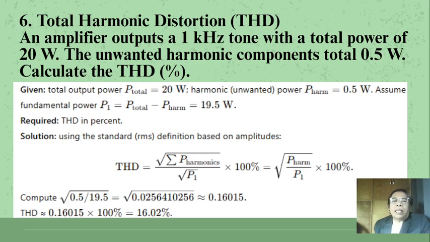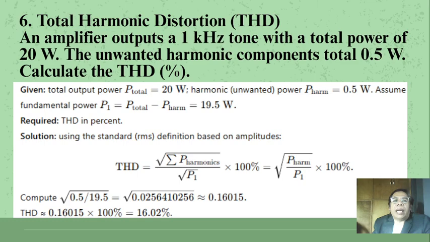So we're given the total output power of 20 watts and the unwanted harmonic power of 0.5 watts. Assume the fundamental power P1 is the total power minus the unwanted harmonic components. Substituting the given data, you get 19.5 watts.